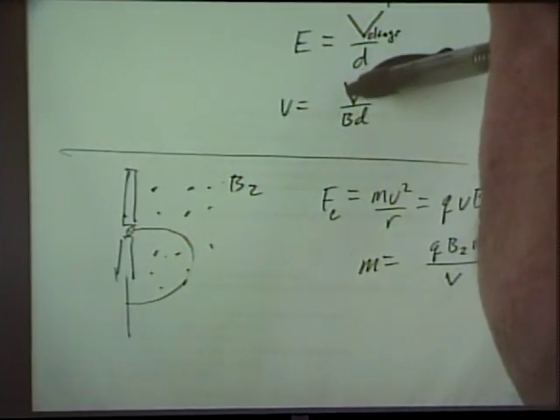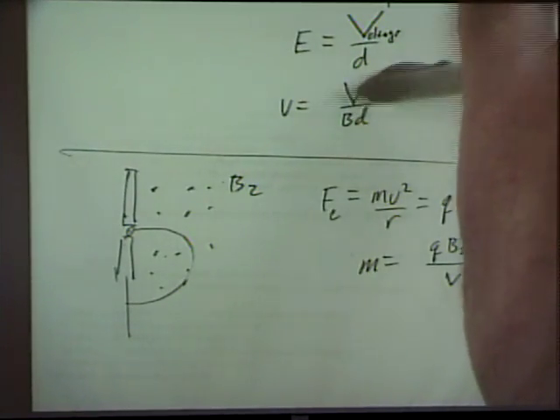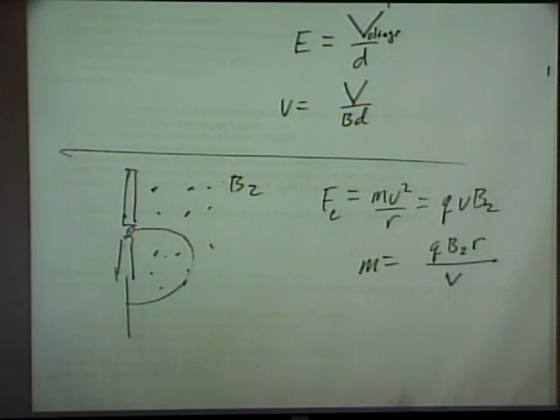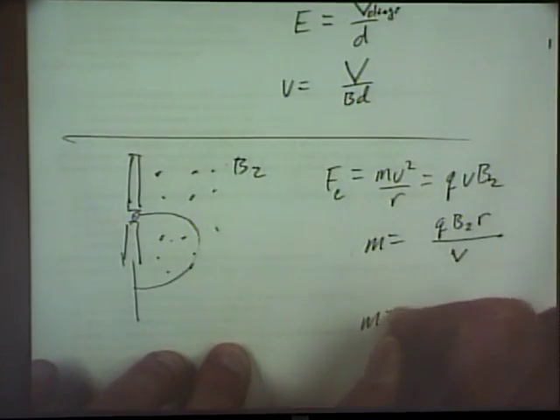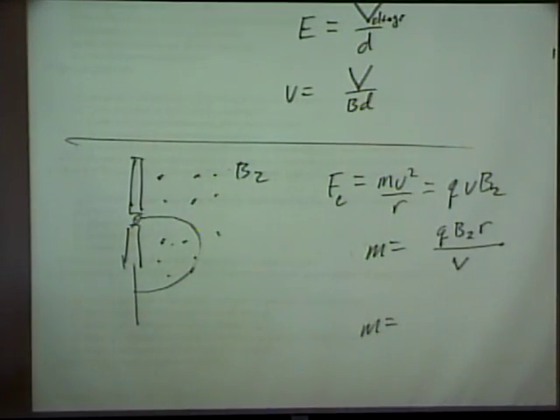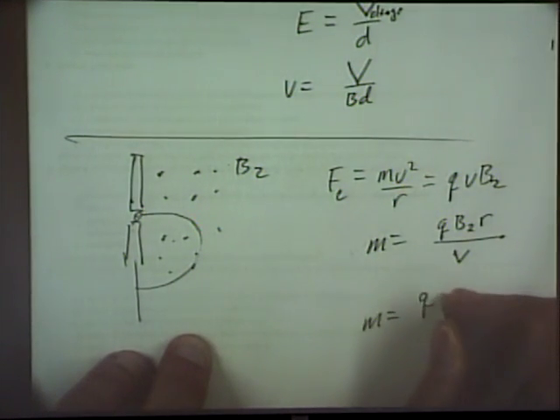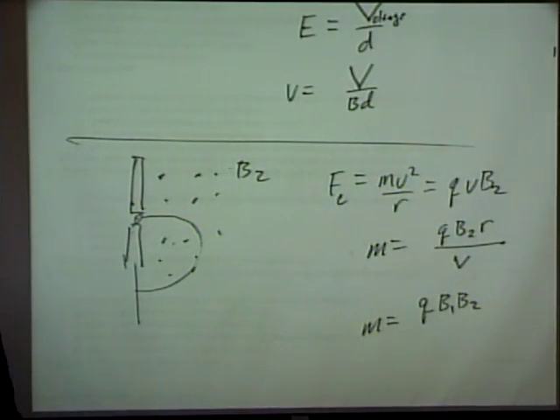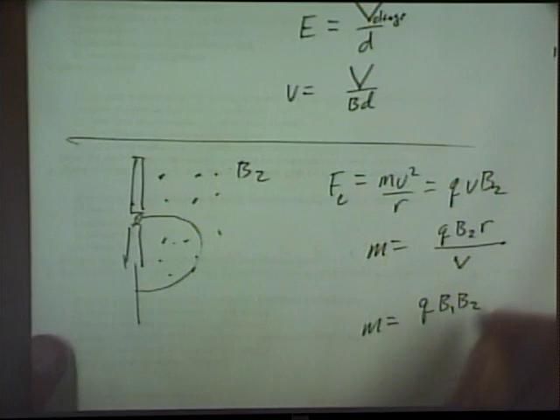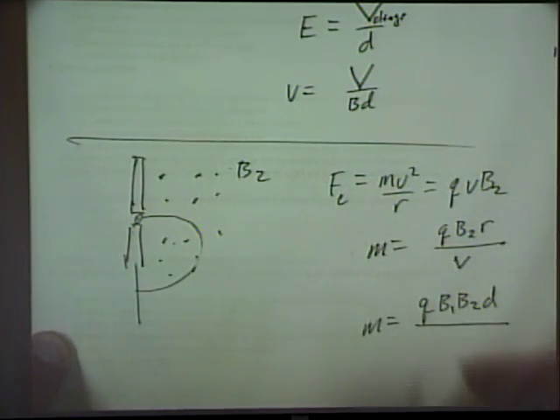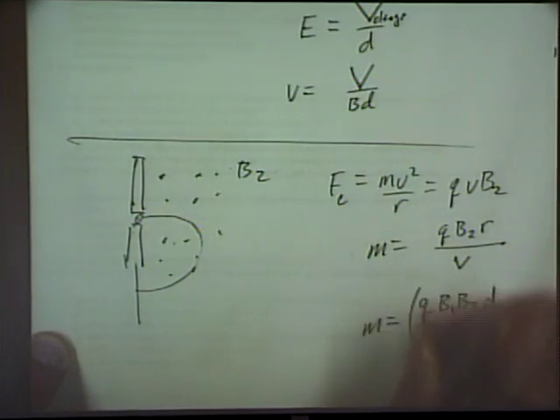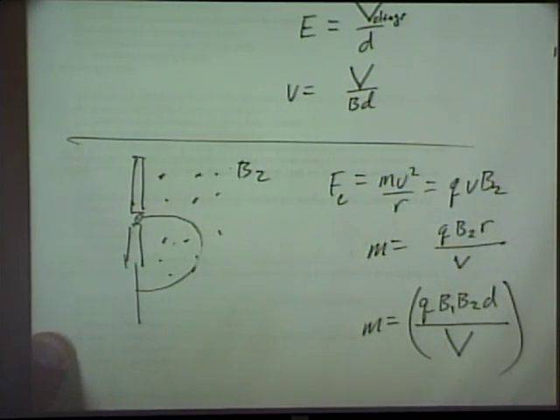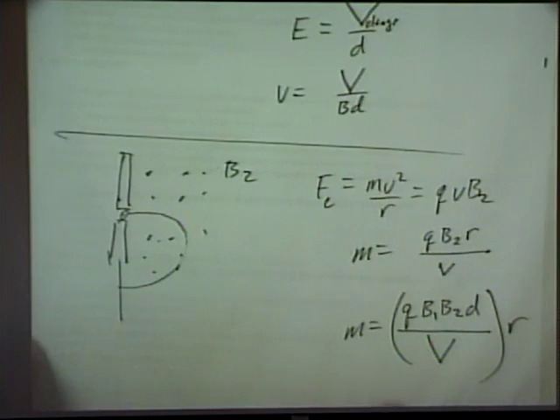It's this big V over BD, right? So really what they do is they know that the mass of something would be Q times B1 times B2 times the distance between the plates over the voltage times R. There we go.